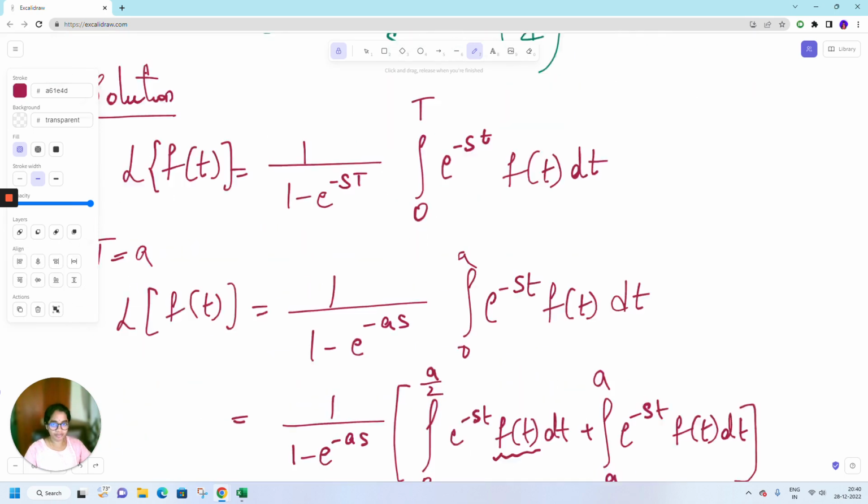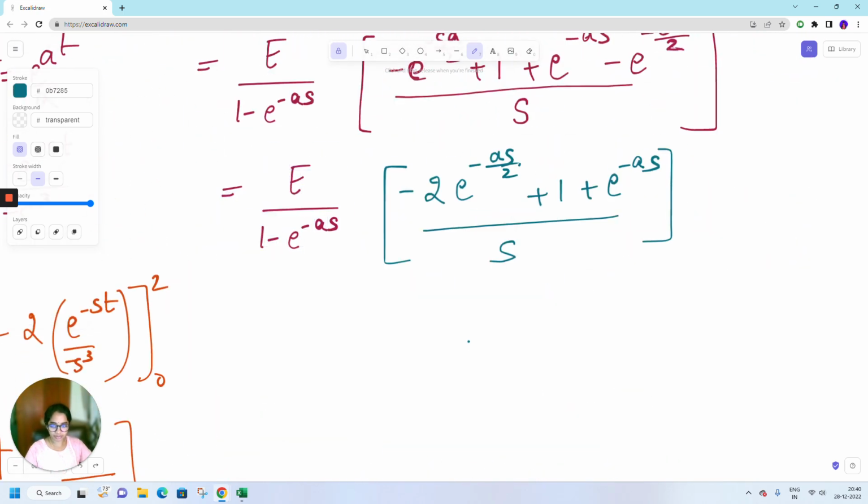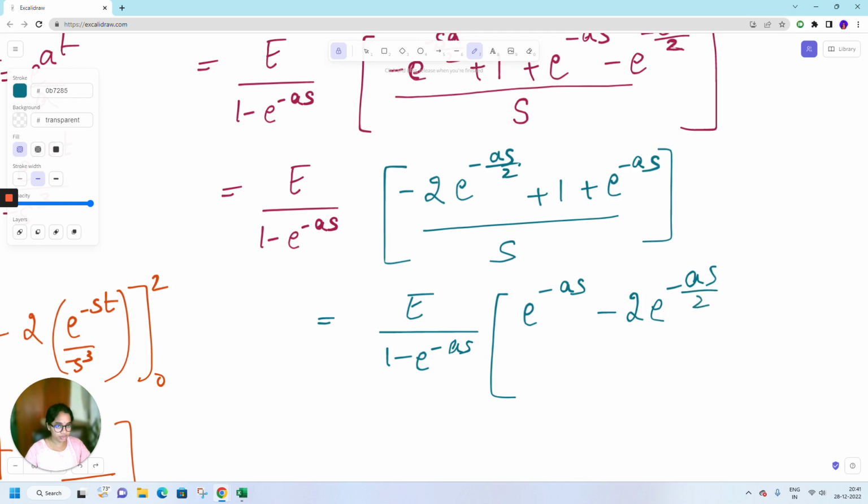Let me try to simplify what we've got. Yes. So this would be equal to e divided by 1 minus e power minus as. What do we have here? We have e power minus as minus 2 e power minus as by 2 plus 1 divided by s.